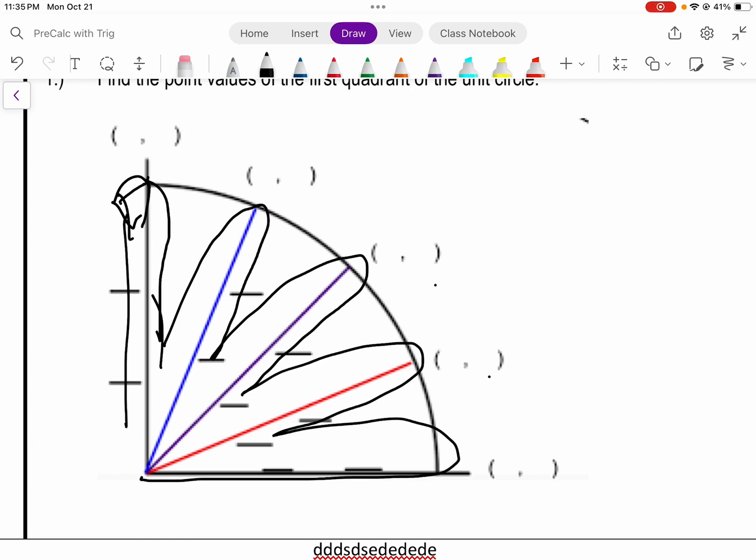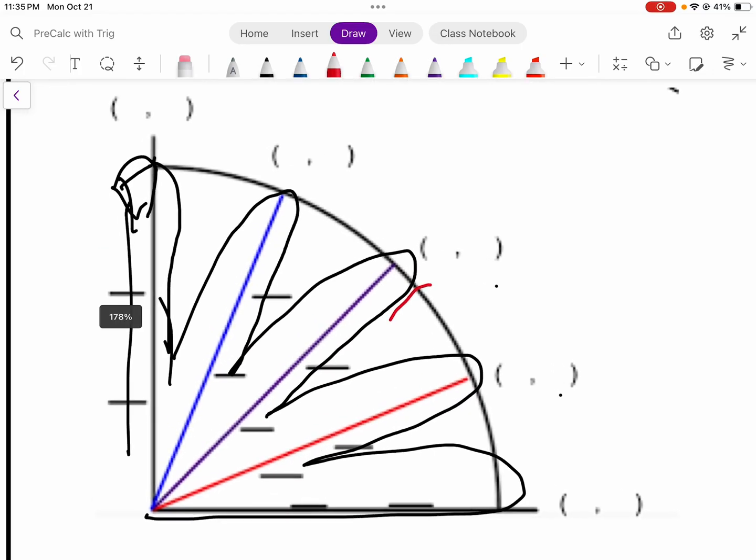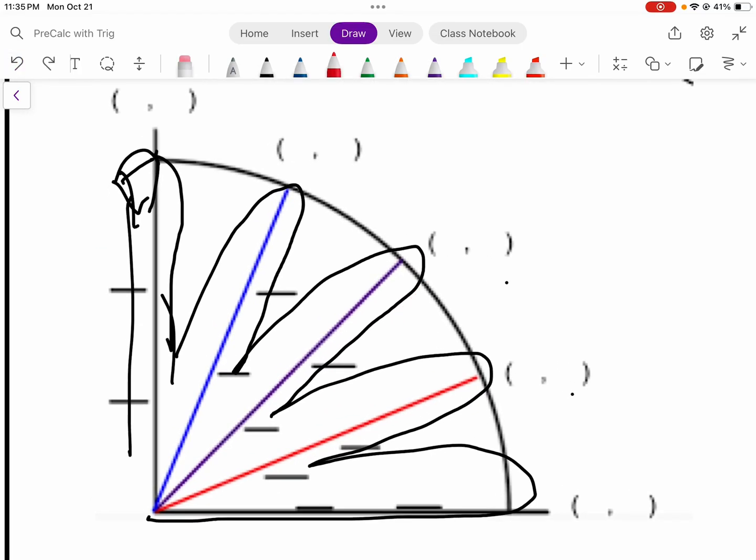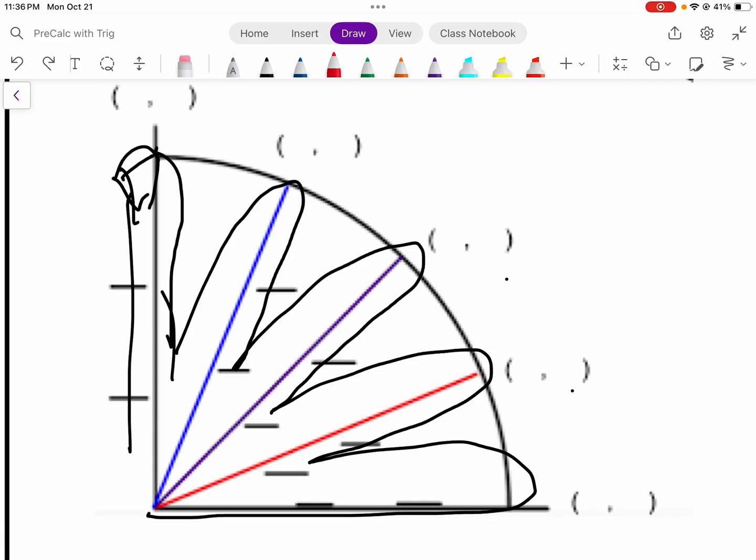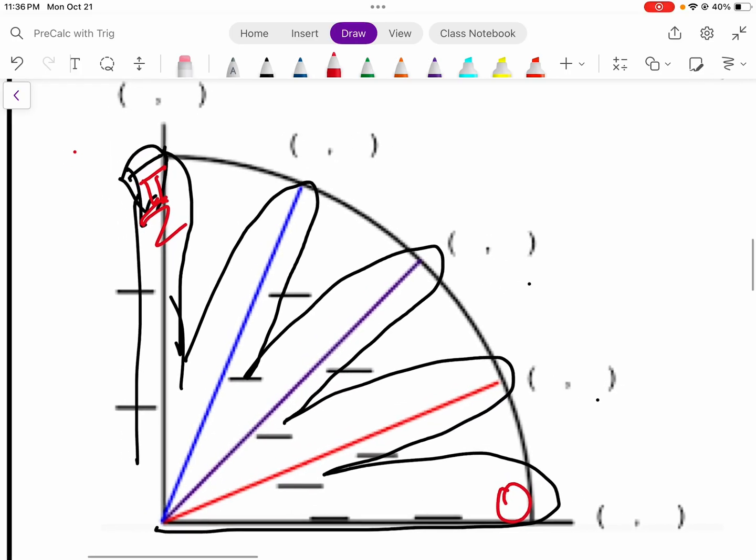All right, so the main ones that you need to remember, obviously the 0 and the pi over 2, those are going to be given. You should know that that one is going to be 1 comma 0, and that's going to be 0 comma 1.